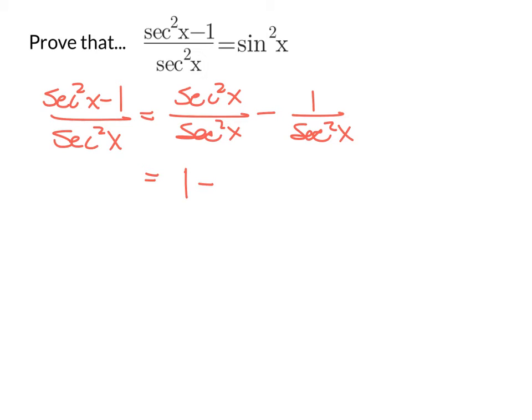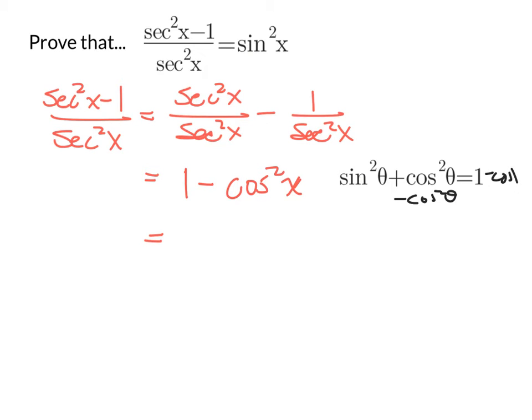And then I have the reciprocal of secant squared, which is going to be cosine squared. Now we can use our Pythagorean identity. That is that sine squared plus cosine squared is equal to 1. So if I were to subtract cosine squared from both sides, then 1 minus cosine squared is going to be sine squared. Once I get to that sine squared that's on the right hand side, we can stop.